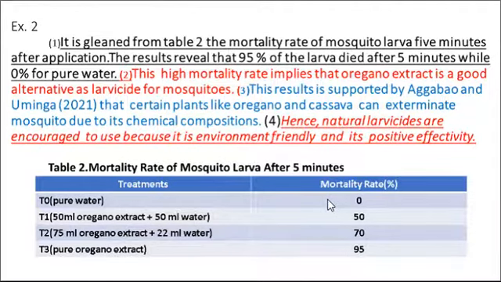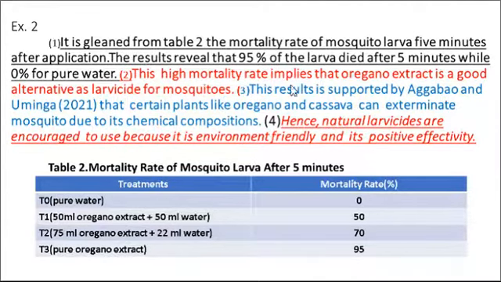So ganun lang sa step number 1. You will discuss the first and the last, or the highest and the lowest, or pwede rin the first and the second. For step number 2, this high mortality rate implies that oregano extract is good alternative as larvicide for mosquitoes. So ito yung meaning or interpretation ng step number 1.